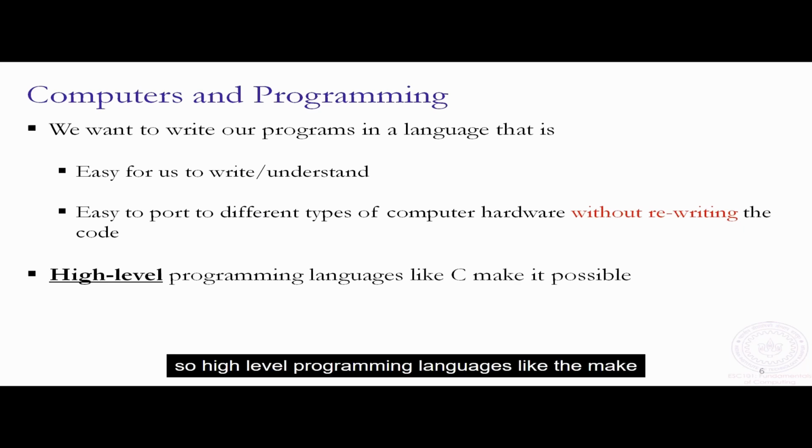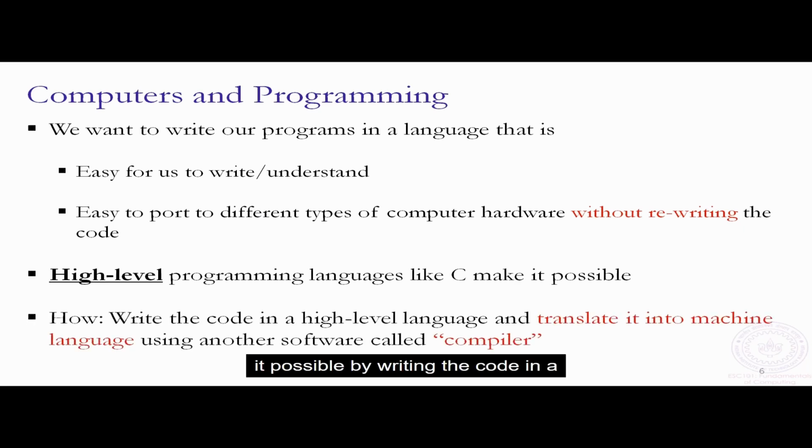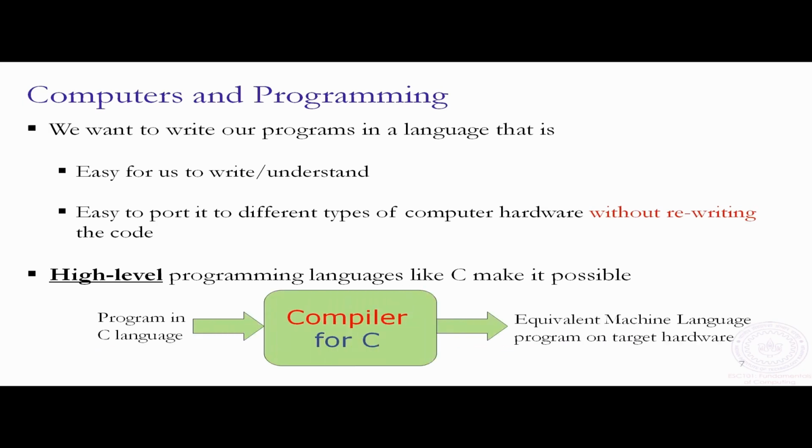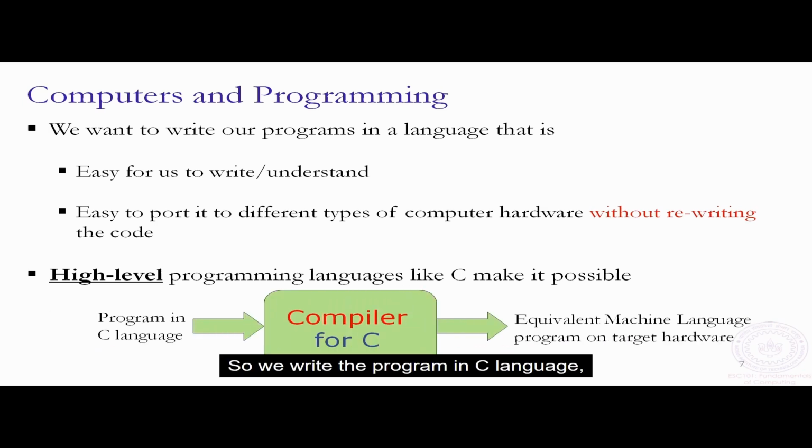So high-level programming languages like C make it possible by writing the code in a high-level language and then translating it into machine language using another piece of code, which we call a compiler. So we write the program in C language, which we understand well, and then the compiler translates this code into equivalent machine language for that particular hardware and for that particular operating system.